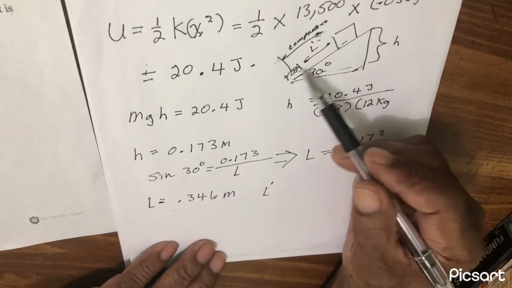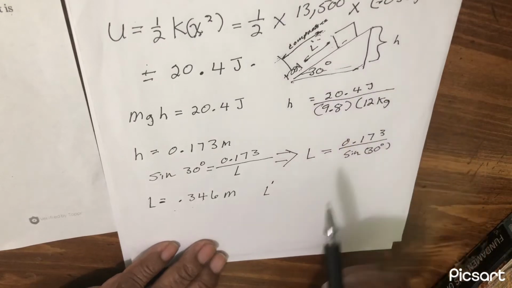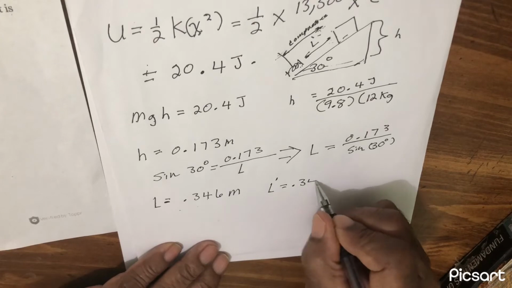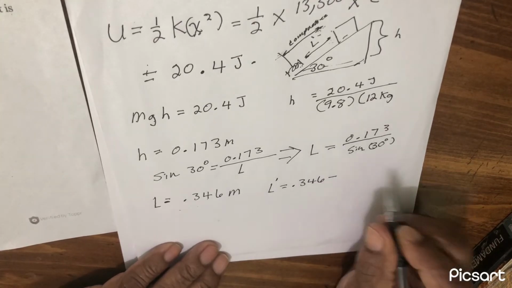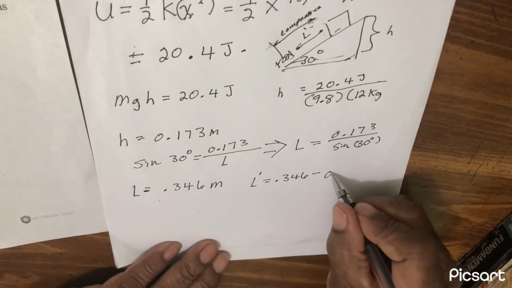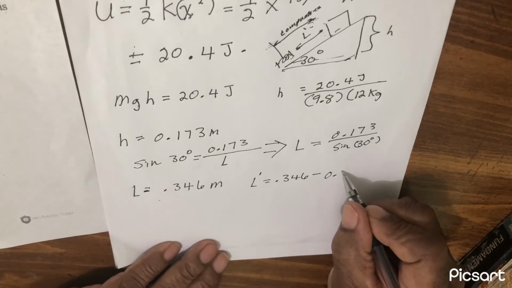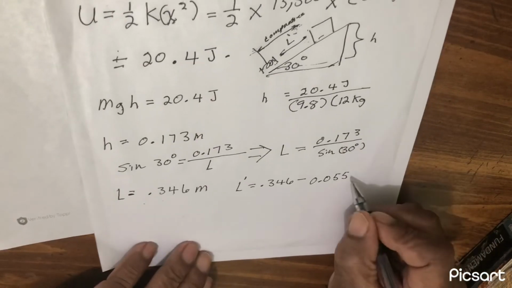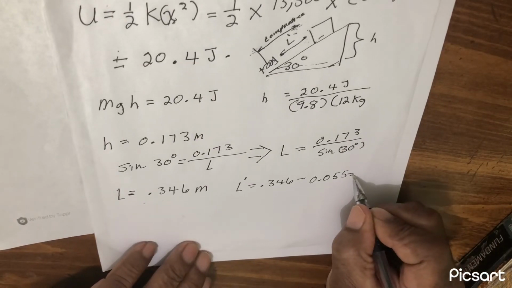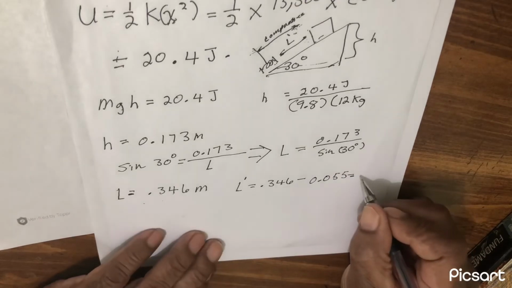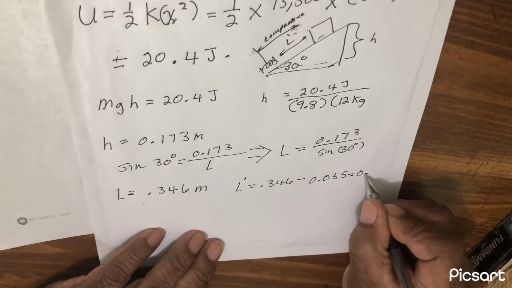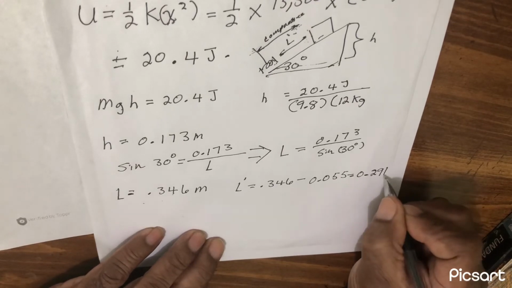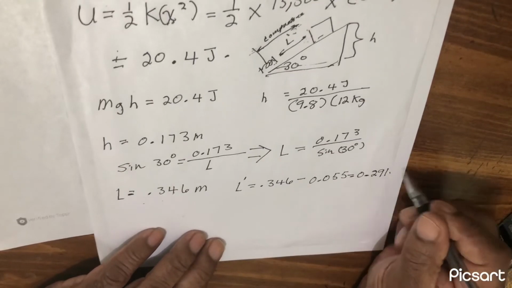This L here, with the non-compressed that they're asking for, which is going to be simply 0.346 minus 0.055, and that's going to equal 0.291 meters.